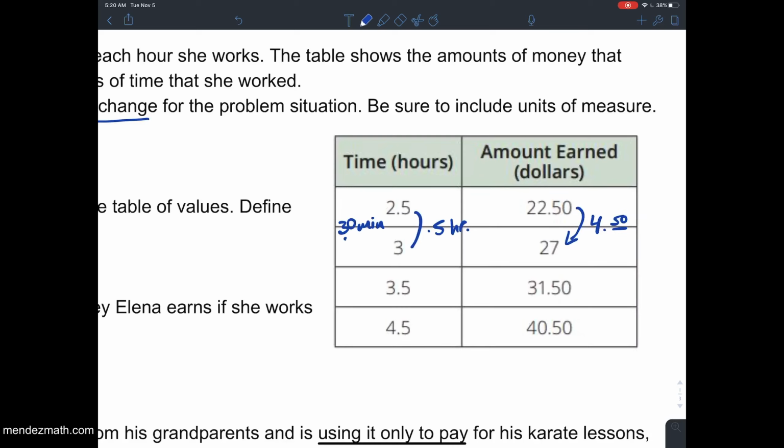So for 30 minutes of work, or half an hour, she gets paid $4.50. So if we multiply this times 2, it'll give us 60 minutes, which is 1 hour. So we multiply this times 2, $9 an hour. Okay?